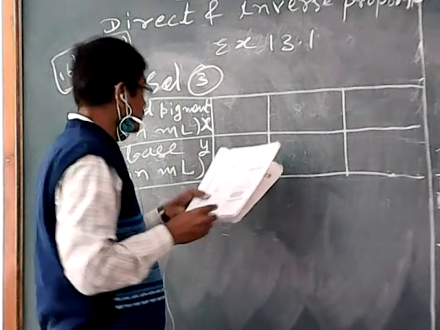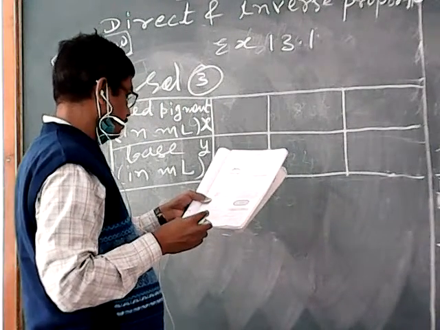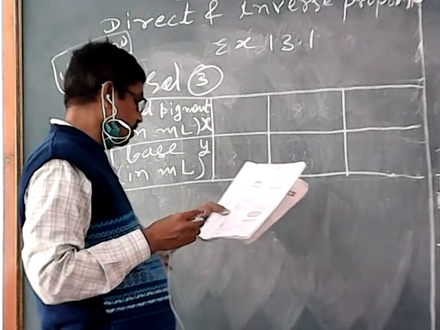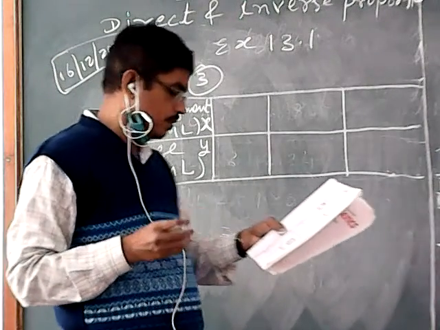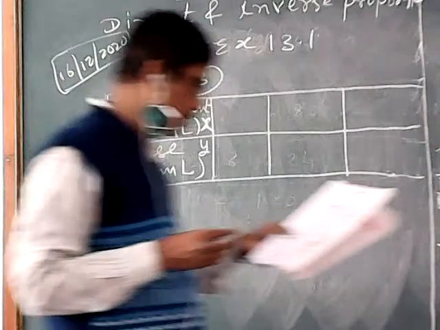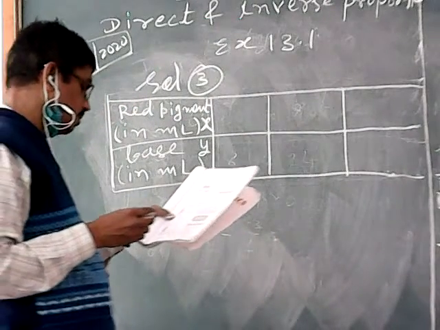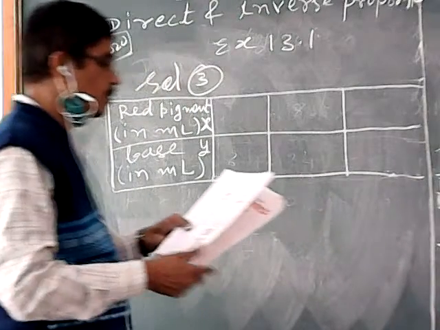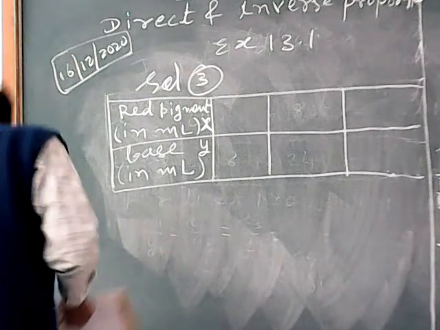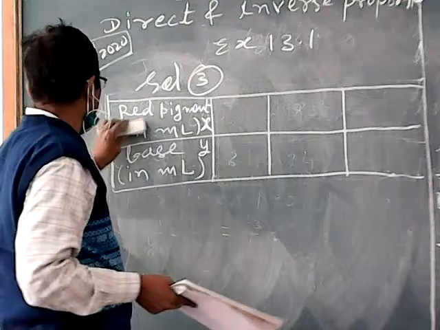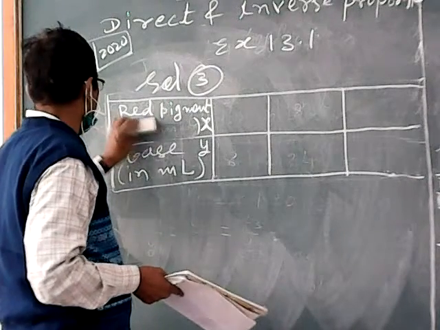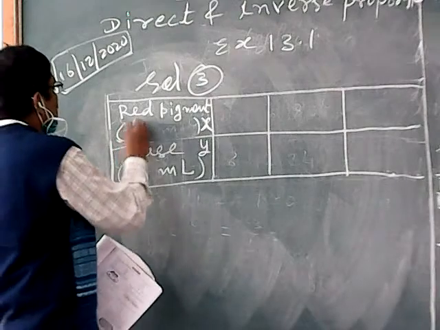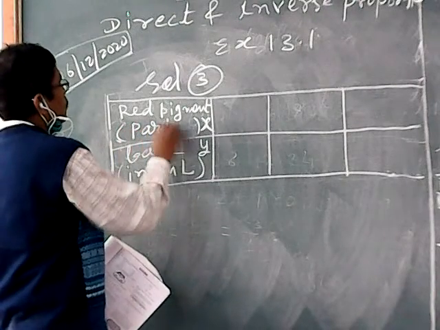So here it is given, one part of red pigment requires 75 milliliter of base. So this is not milliliter, this is part. Part of red pigment.